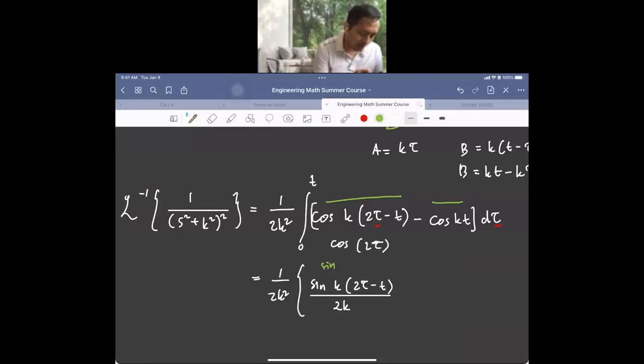Or if you want, better to write 2 tau k minus kt. And then minus cos kt, which does not have any tau, so we need to multiply by tau, from 0 to t.